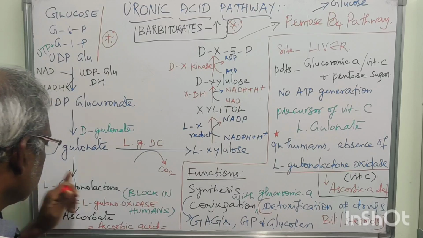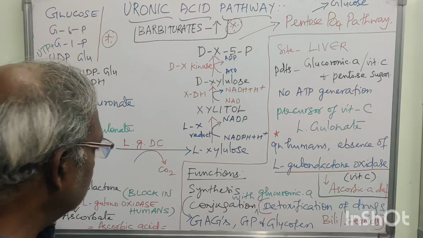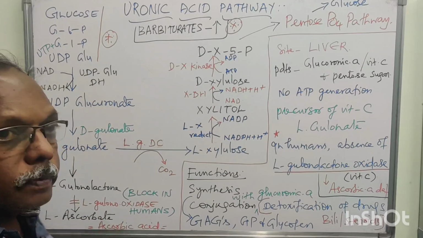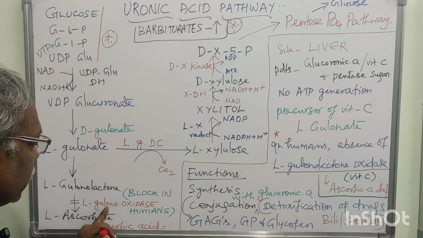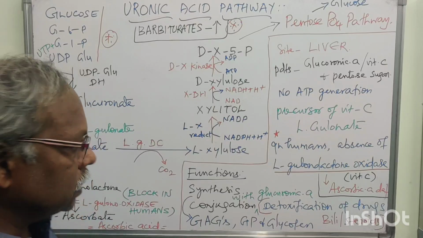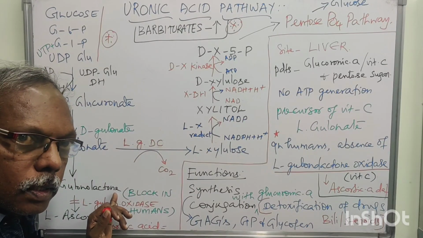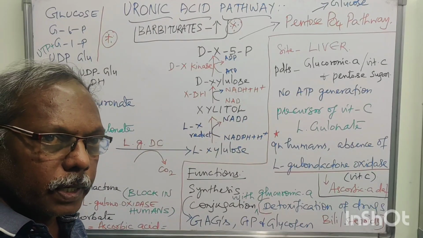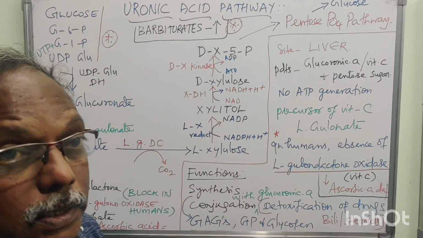You should know the name of this compound, because only L-Gulonolactone is converted into L-ascorbate, which synthesizes ascorbic acid. The enzyme is L-Gulonolactone oxidase.